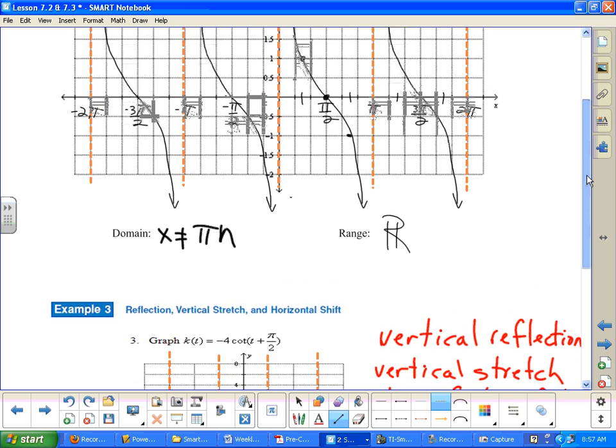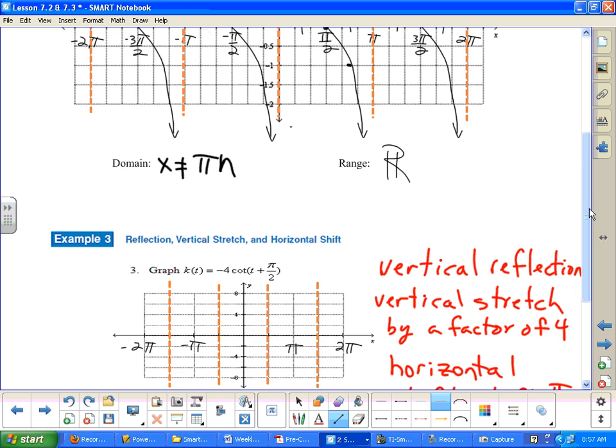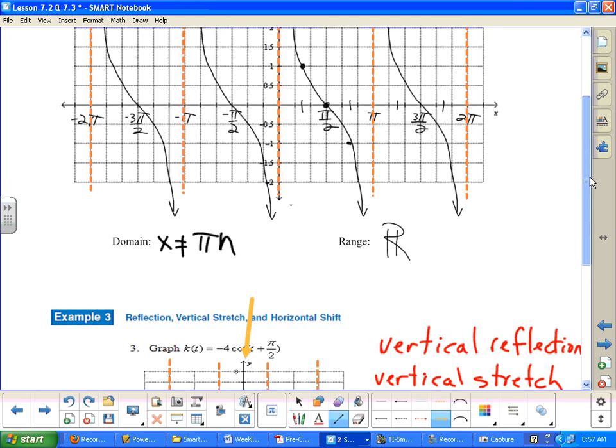Now if we're looking at our graph, we're going to focus on the section between negative pi over 2 and pi over 2, which means we're looking at the section between 0 and pi.